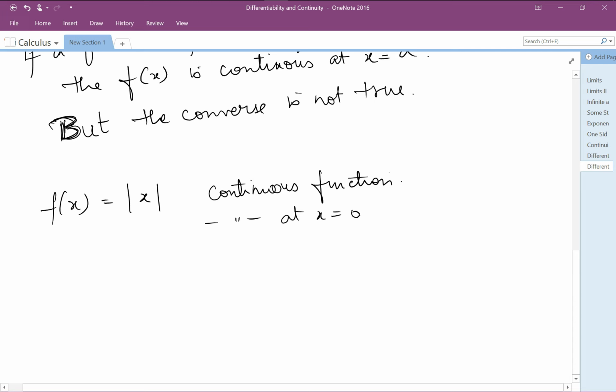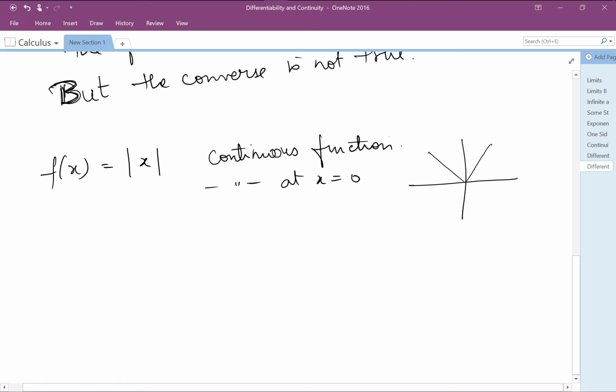Now why are we interested at x equal to 0? Because if you remember, the graph of this is like this. Everywhere else it's okay. It's only at x equal to 0 that it seems to suddenly change its direction. That's why we are interested in x equal to 0.